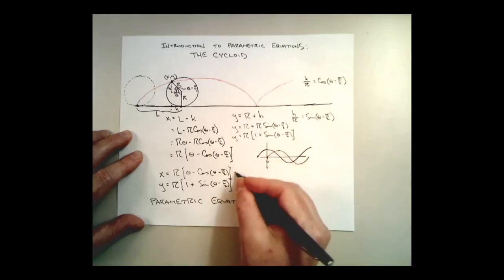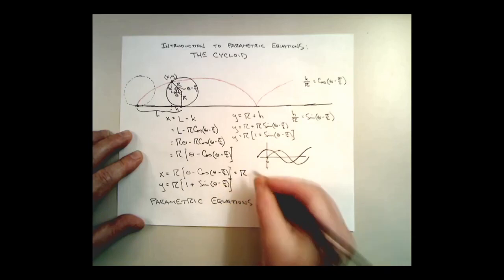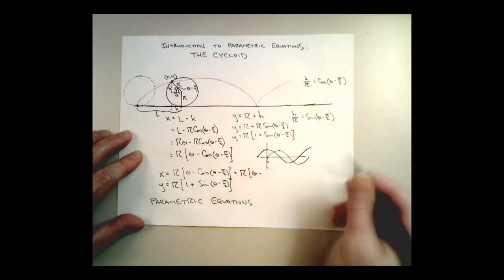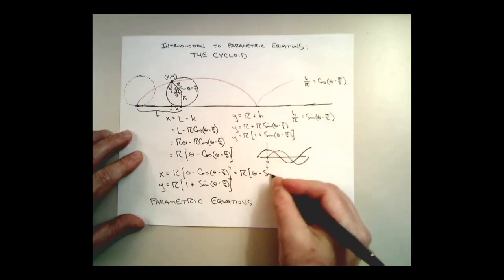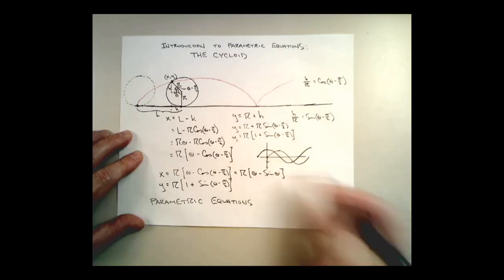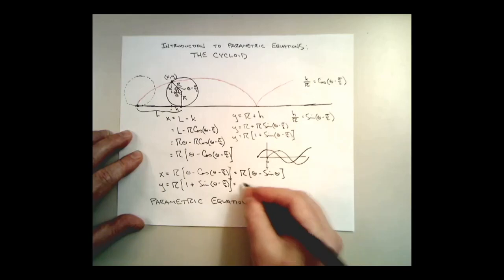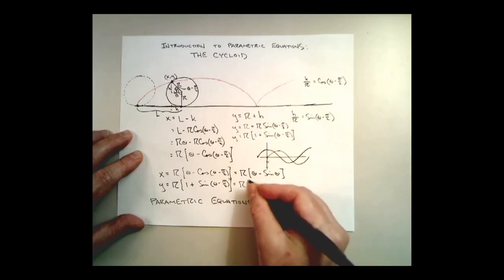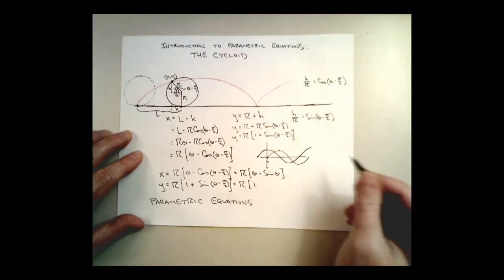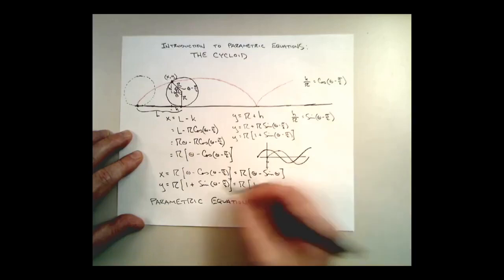And so I could write x instead of the way I've written it. I could write it as r times theta minus sine of theta. And similarly, I could write y as r times the quantity 1. And let's see what's going to happen to sine.